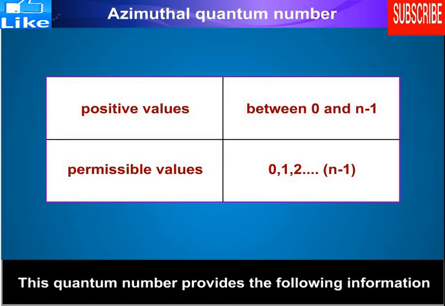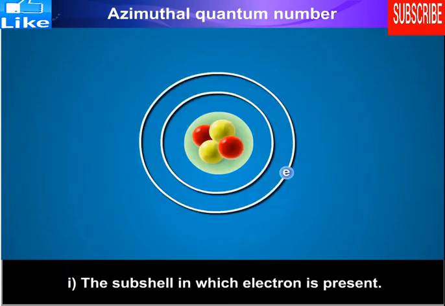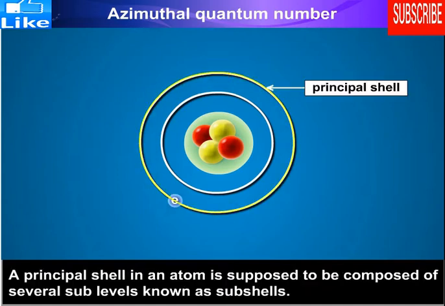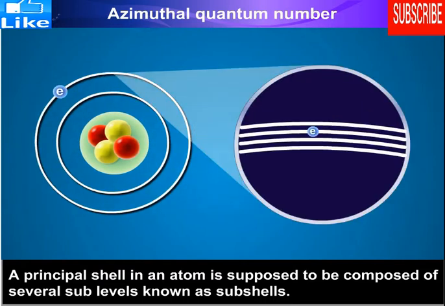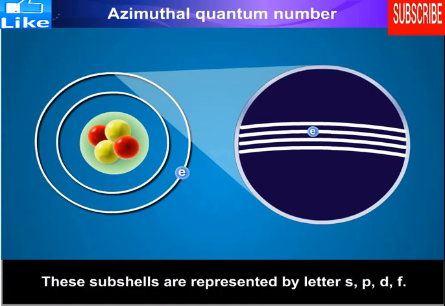This quantum number provides the following information. 1. The subshell in which the electron is present. A principal shell in an atom is supposed to be composed of several sublevels, known as subshells. These subshells are represented by letters s, p, d, f.